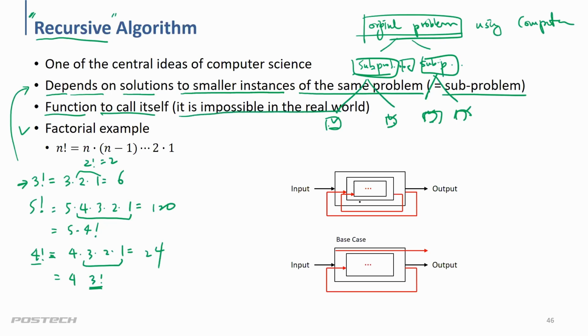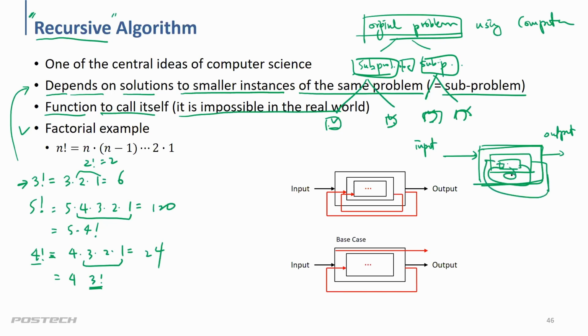Say I'm gonna put in the inputs to compute the outputs, but inside these operations, it's gonna call the same function again with the sub-problems. So it calls another problem, and it'll be recursive. That's how I illustrated the recursive algorithm here.